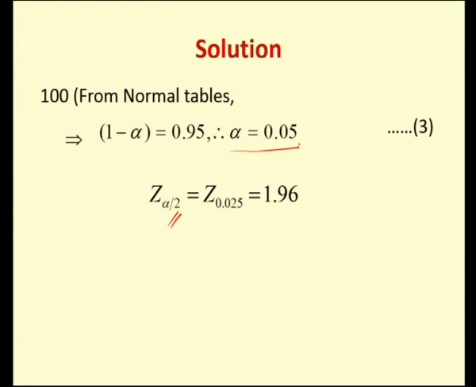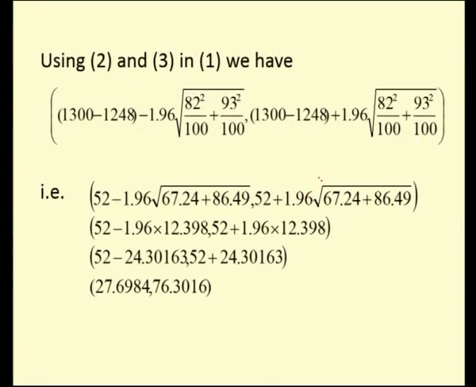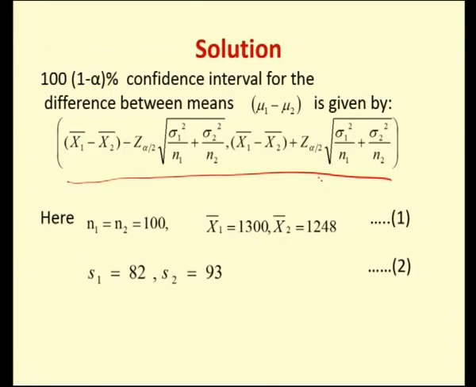When you look into the normal tables at 5% level of significance for two-tailed test, it is going to be 1.96. Now, substituting all these values, that is your table value, x1 bar, x2 bar, sigma 1 squared, sigma 2 squared, n1 and n2.